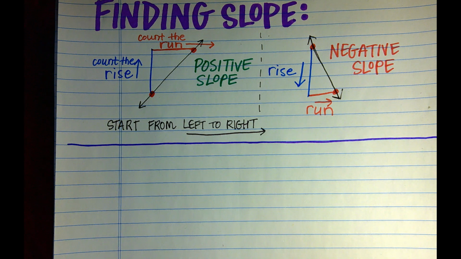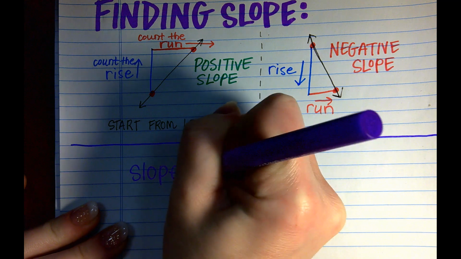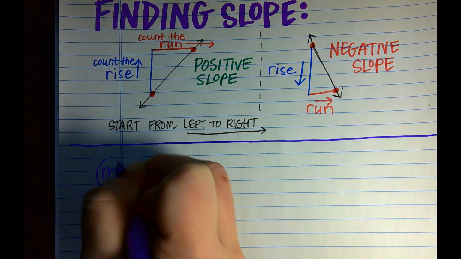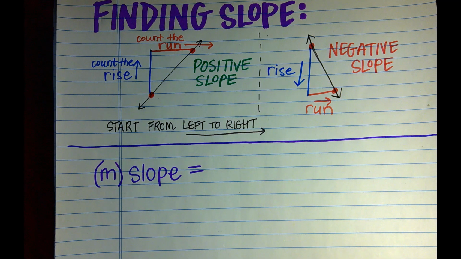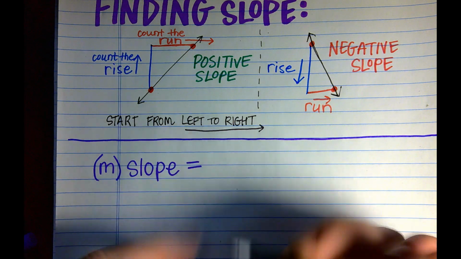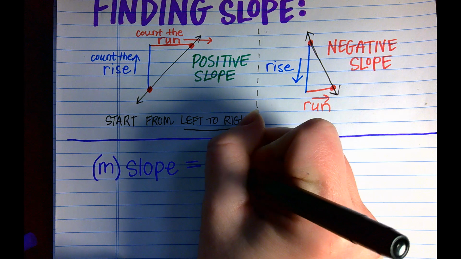So I am going to write slope equals, and in parentheses I'm writing m. M equals, this is the same thing. We are going to have a fraction here.